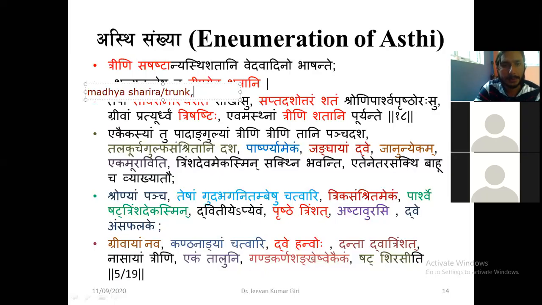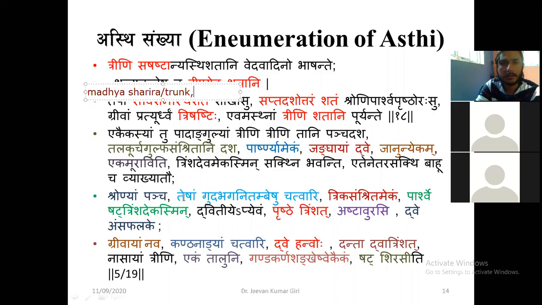Now see here, Sronyam pancha. So there are 5 bones in the sroni. Sronyam pancha, tesam guda bhaga nitambesu chatvari, trika samsritam eka. So in the sroni there are 5.